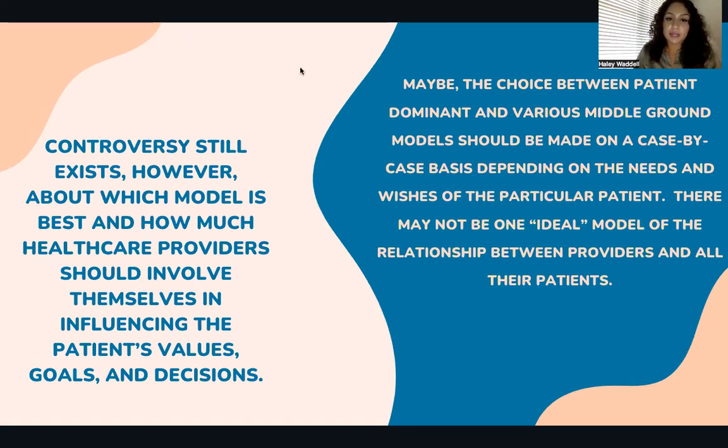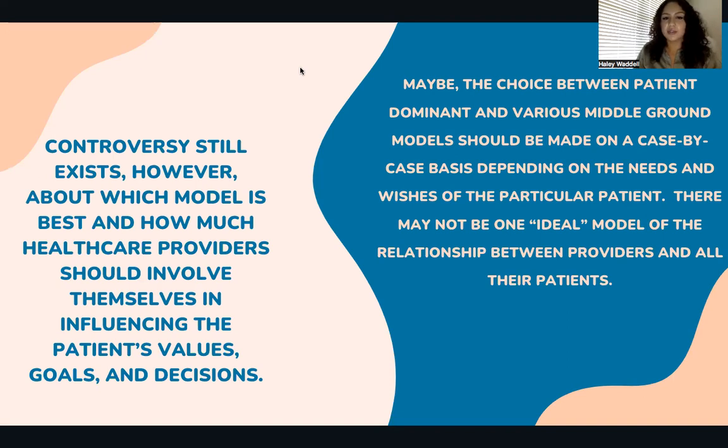Maybe the choice between a patient dominant and various middle ground models should be made on a case by case basis, depending on the needs and wishes of the particular patient. There may not be just one ideal model of the relationship between providers and all their patients. So it's really a case by case scenario.